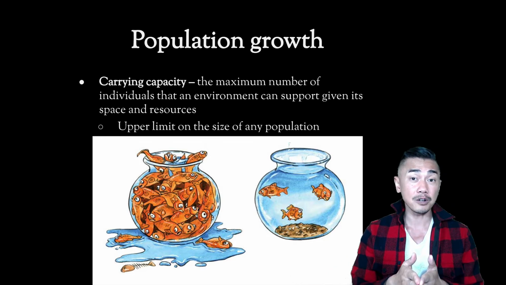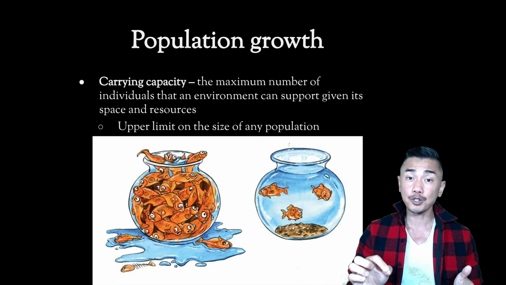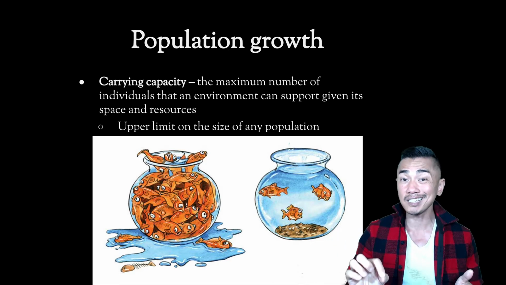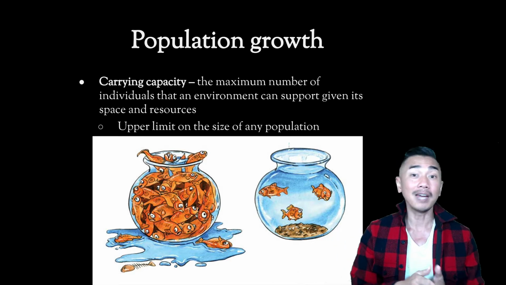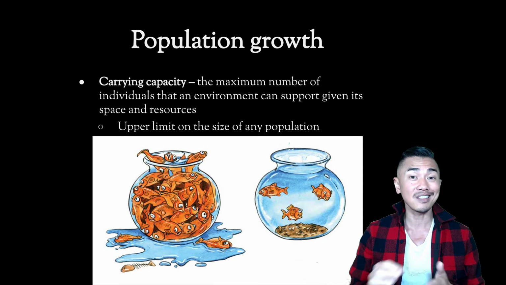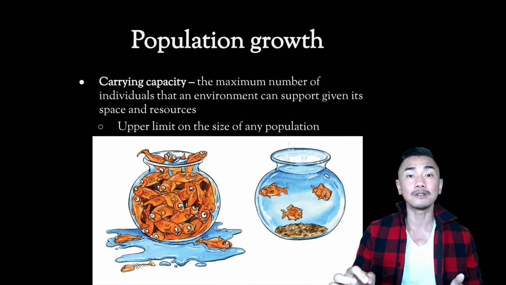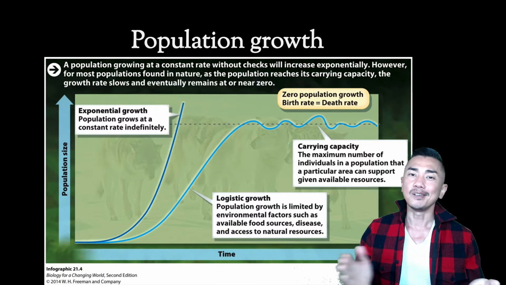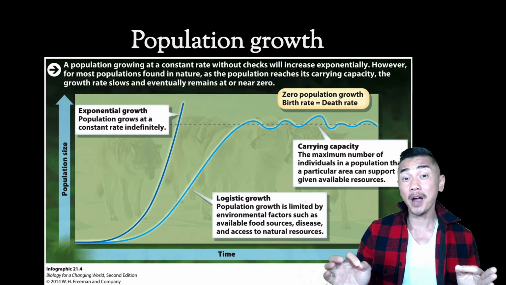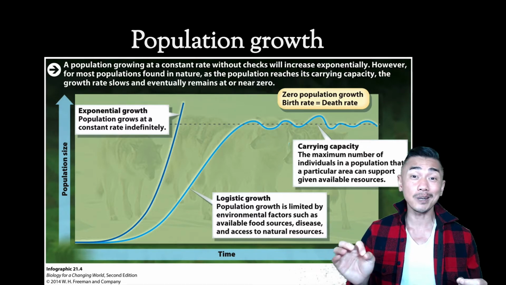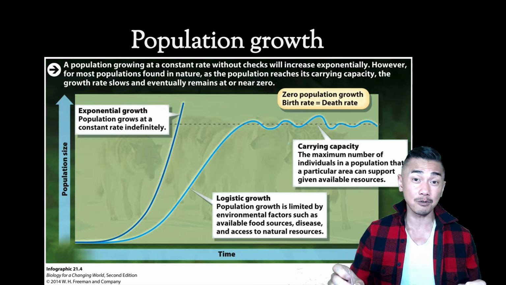The illustration on this slide shows a goldfish population that has exceeded its carrying capacity and another goldfish population that is under its carrying capacity. In this infographic, you have a graph of exponential growth side by side with a graph of logistic growth.